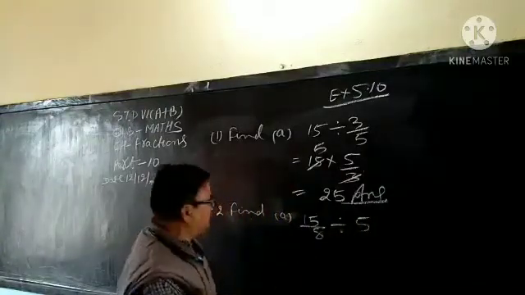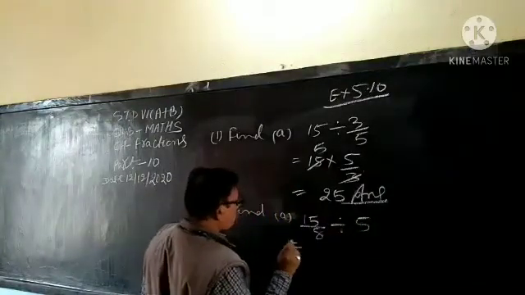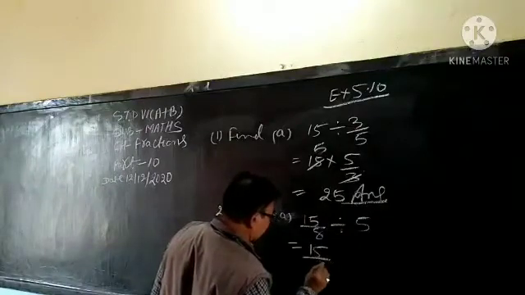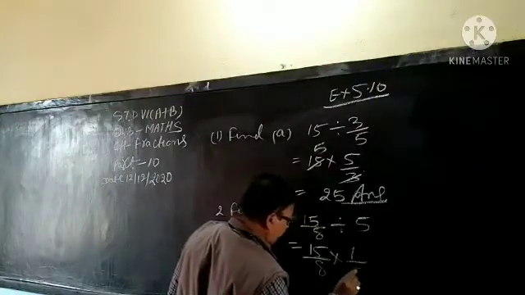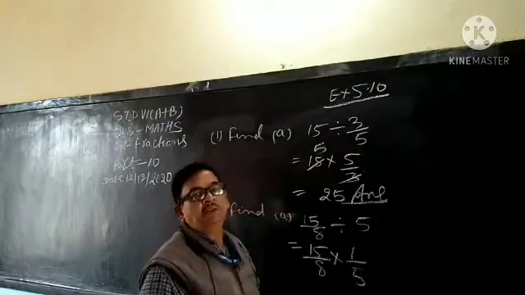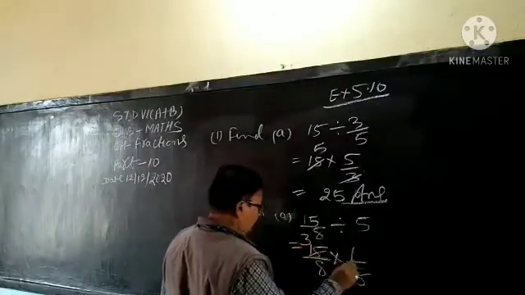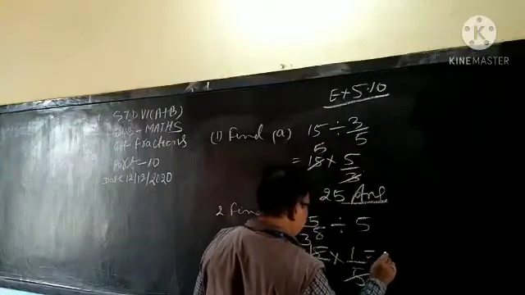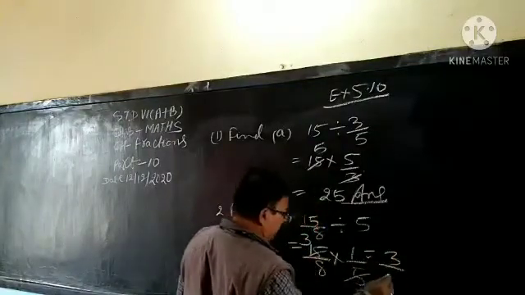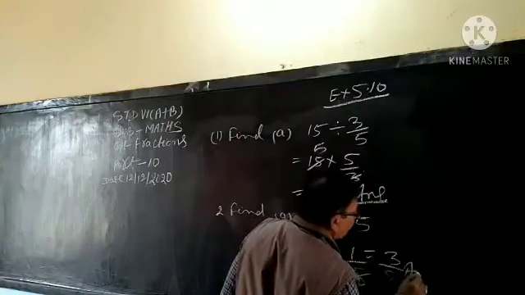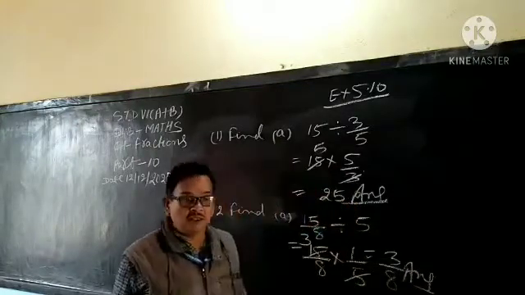My dear student, what do I say? The number will become its reciprocal. 15 by 8 into 1 by 5. 15 will divide with 5, 3 will come. 3 into 1, 3 by 8. This is your answer. Is it clear?